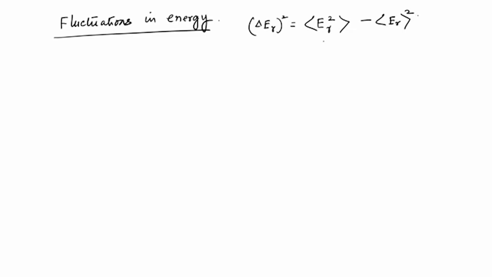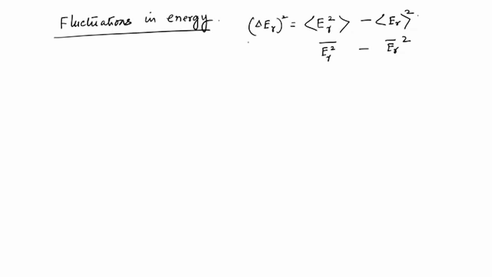You might see that some books actually write it as E r square average with a bar and E r bar. We may have also done that, but they mean the same thing, that putting a bar and putting a sort of angular bracket, they mean the same thing. We are just trying to calculate the statistical average. Let us see what that comes out to be.